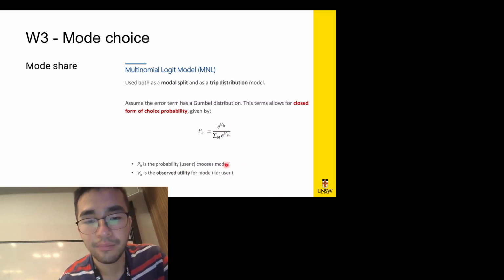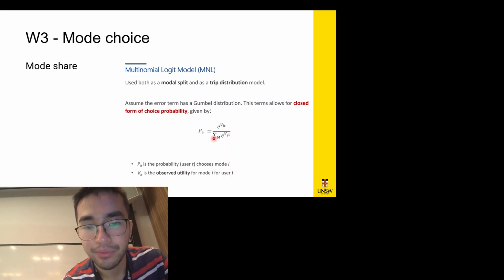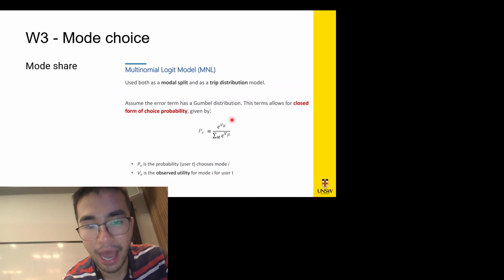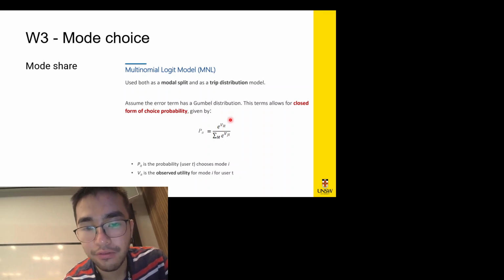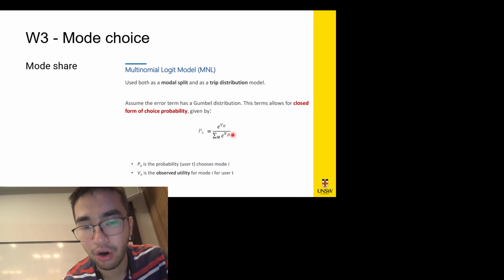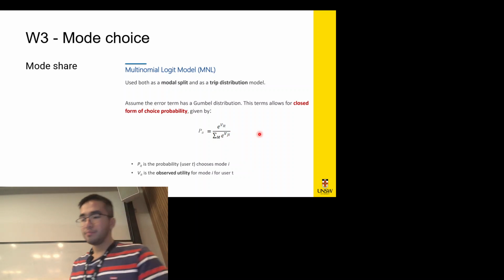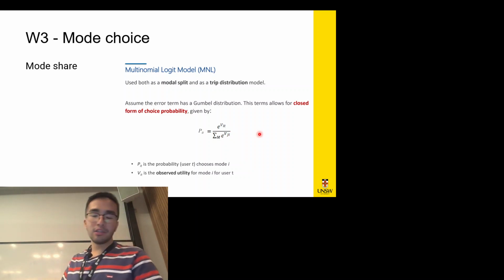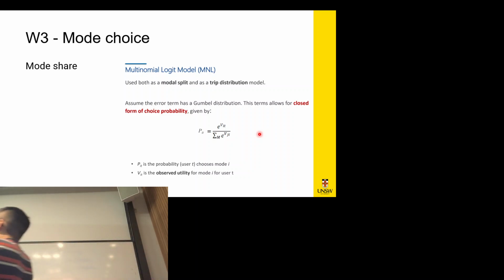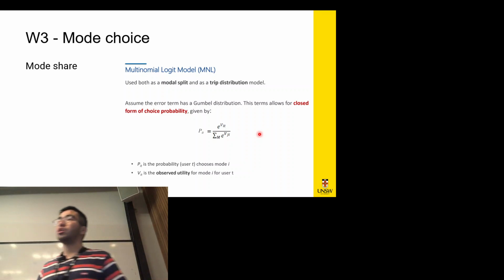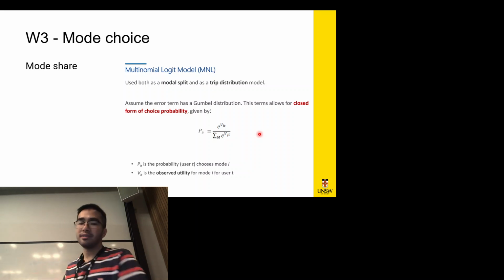a user choosing the mode of i, right, is equal to e to the power of the utility of that mode in question, divided by the sum of e to the power of all the utilities, okay? If that makes sense, okay? So DV will go through how to do that, but say, for example, you want to find what the proportion of people traveling by car is, okay?